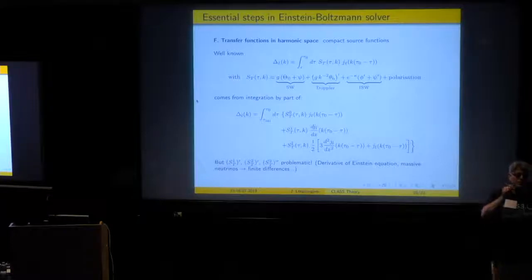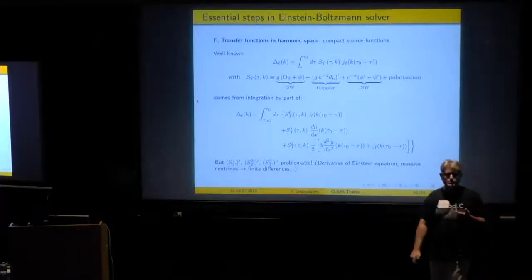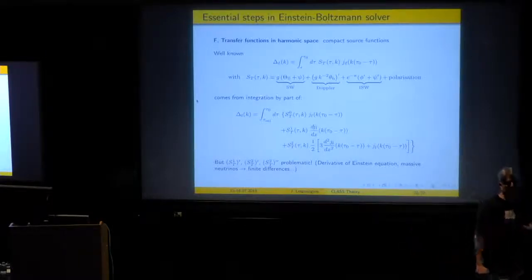No problem. You have an equation giving you theta_b prime as a function of theta_b. It's the Euler equation for the baryons. So then you get a more cumbersome expression, but still nice and exact. It's not as simple as this, because when you have to take this derivative, you need to take first and second derivatives of metric fluctuations, coming from first and second derivatives of the Einstein equation.